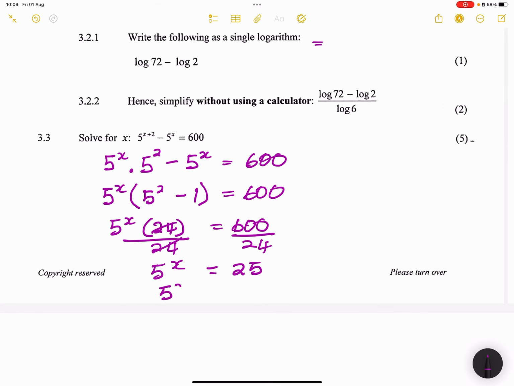How can we write 25 as a base of 5? That's 5 squared. And we know that if our bases are the same and we've got an equal sign in between, then we can drop down the exponents. So it means that therefore x must be equal to 2.